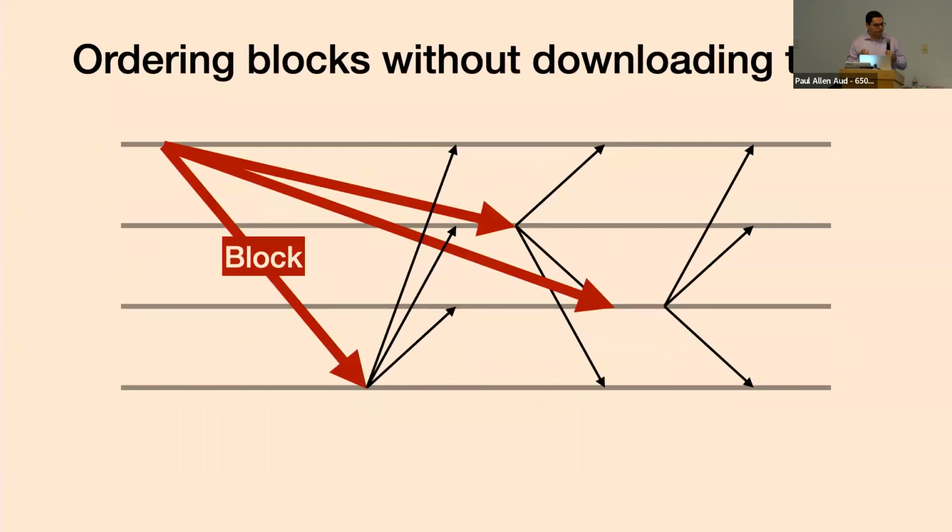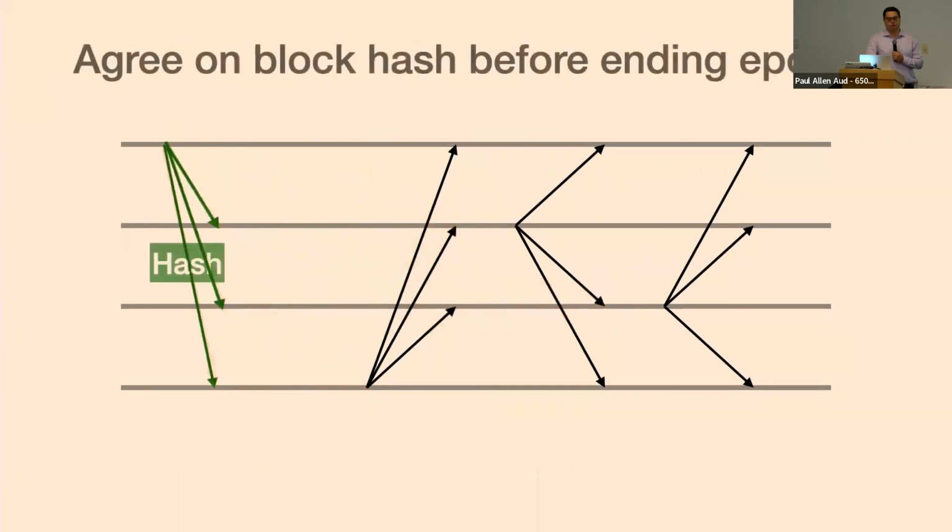To reach consensus, obviously the nodes need to order these blocks, but it's not hard to observe that you don't really need to download the blocks to order them. You could order some other commitment to the block. For example, a straw man solution is maybe you can order just a hash of the block. The node that's proposing the block could broadcast the hash instead of the actual block.